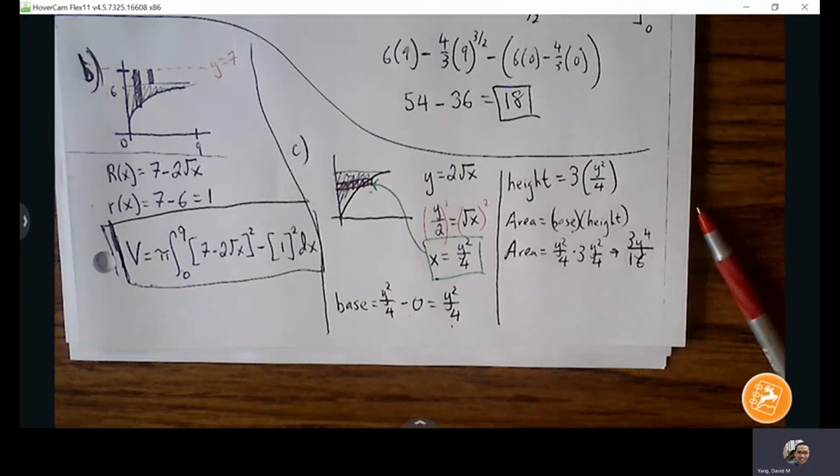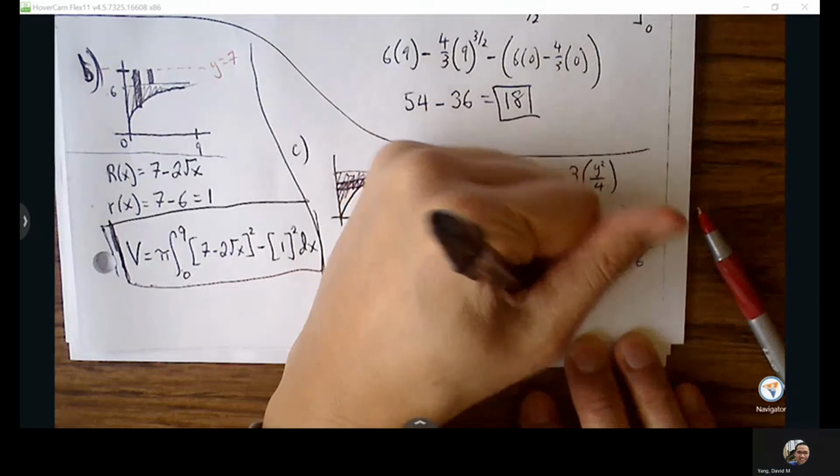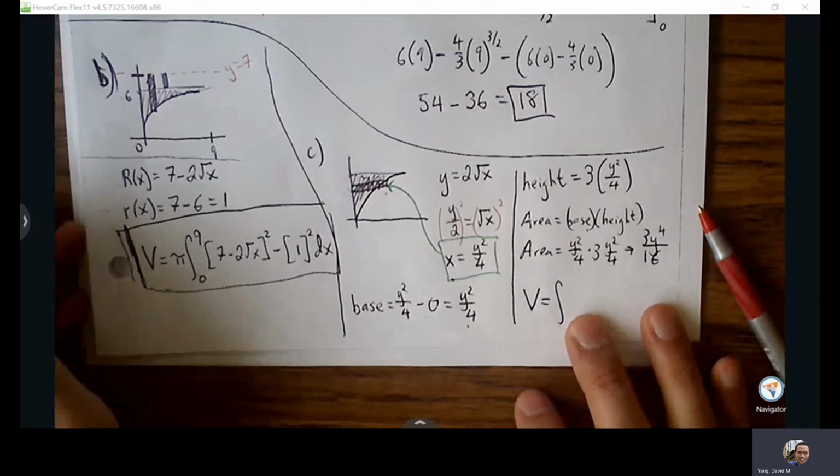And once you have your area representation, you can involve the volume integral. What are the bounds going to be here?